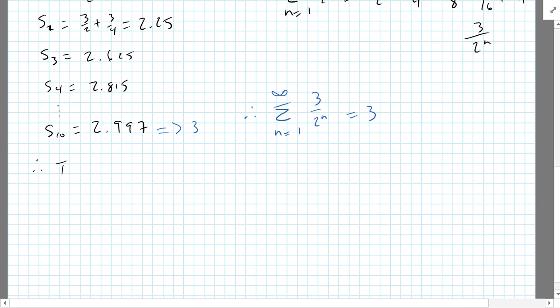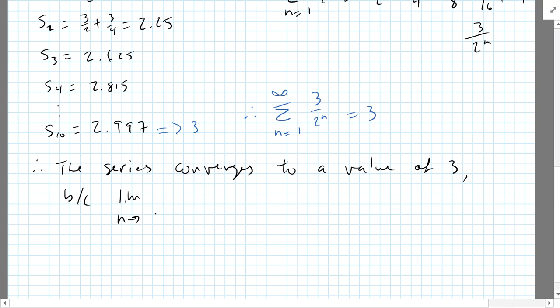We say the series converges to a value of 3 because the limit as n approaches infinity of the partial sum exists. Meaning each time I add another term, until I get to an infinite number of terms, I'm adding something smaller and smaller, and the sum is going to approach 3. So I just have to say that this limit exists.